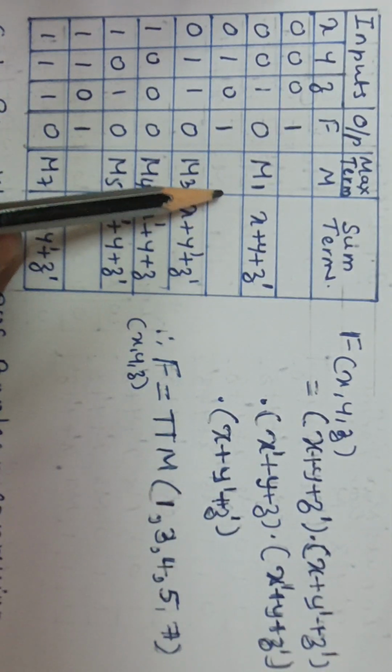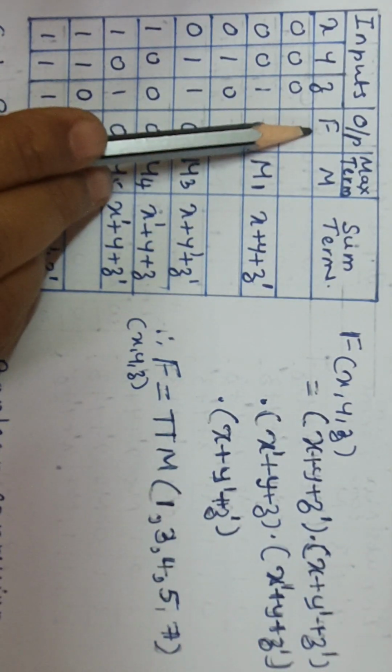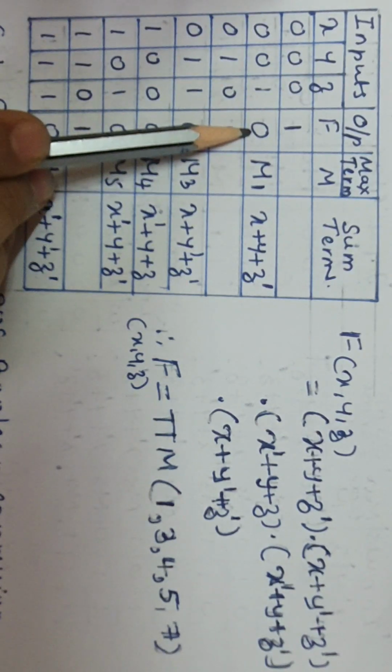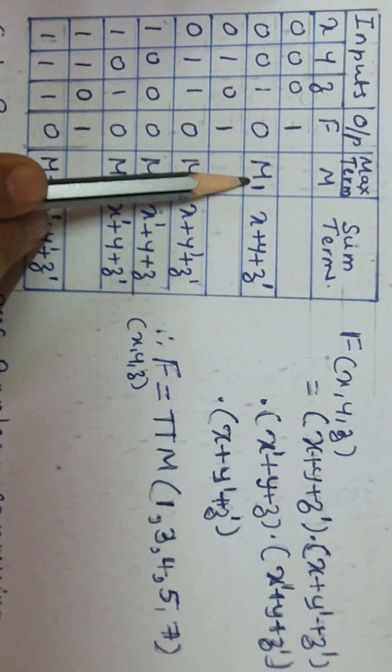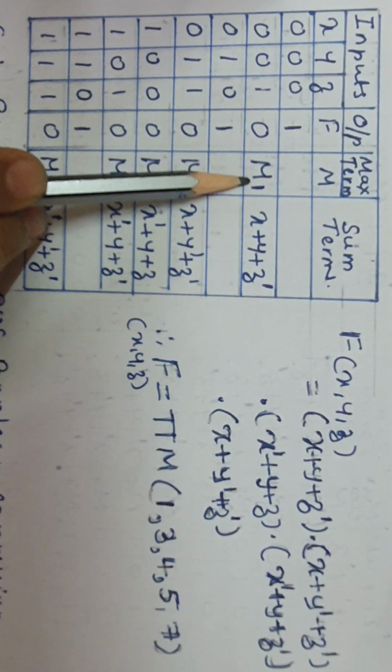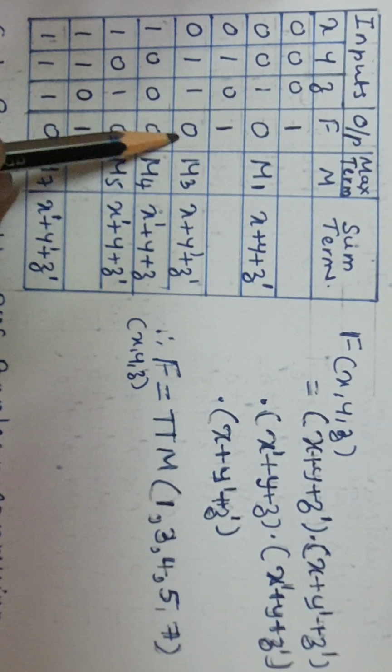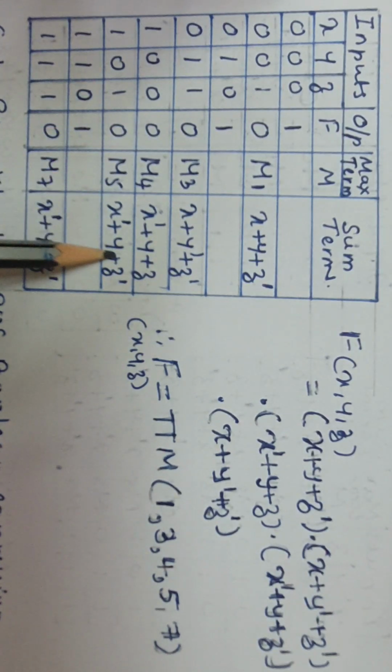Now to express this Boolean function f of 3 variables in terms of POS, we should consider only the 0s. So only those max terms where f is 0, that we have to consider.